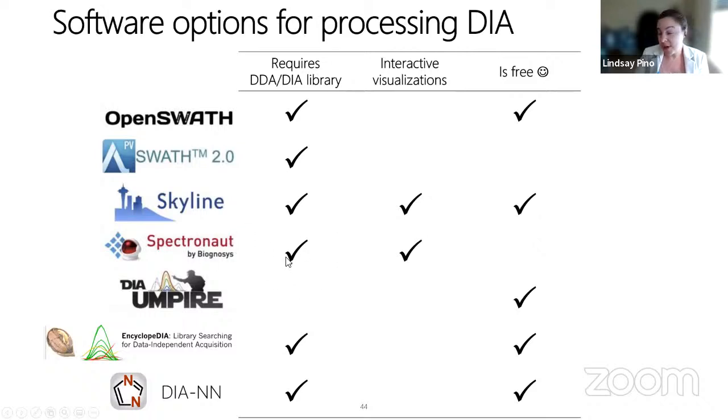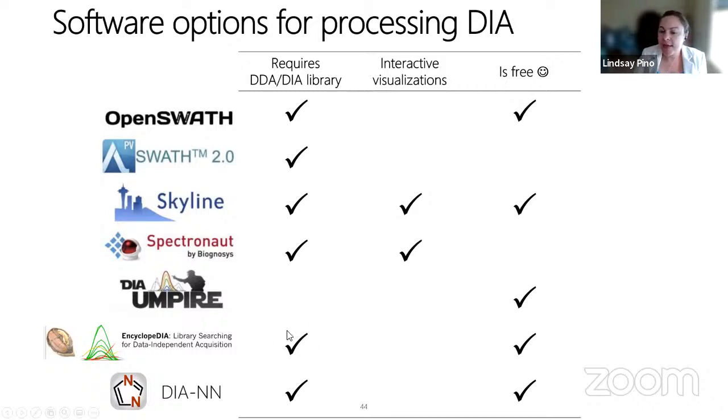Spectronaut, you can use a library or not, and you can interact with your data, but you have to pay for a license. DIA-Umpire is another popular one, maybe more popular 10 years ago than it is now, but it's also a free option. EncyclopeDIA is the one that I tend to use the most.